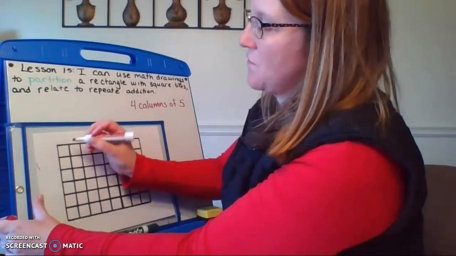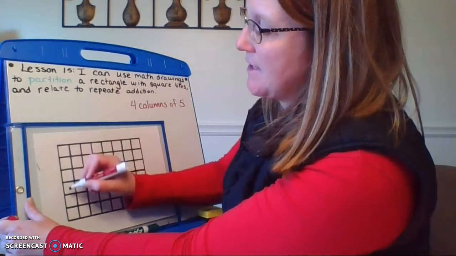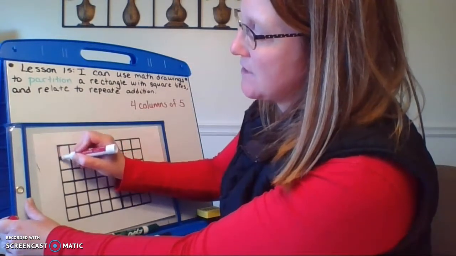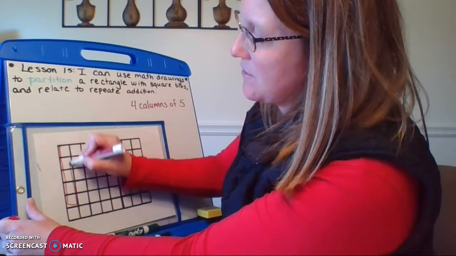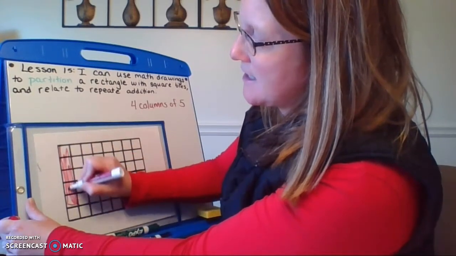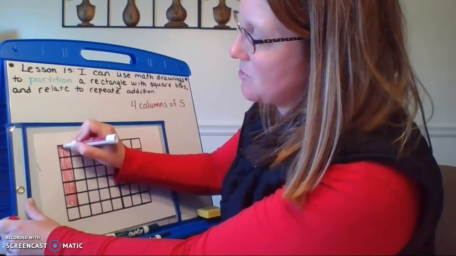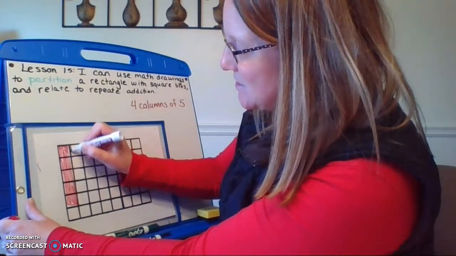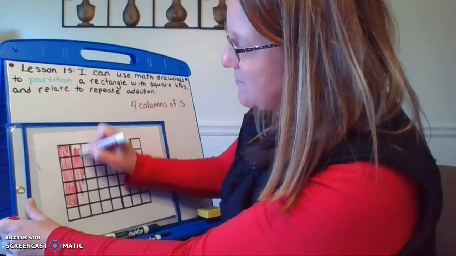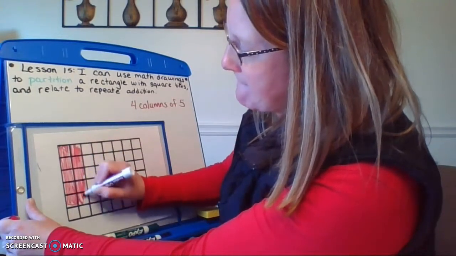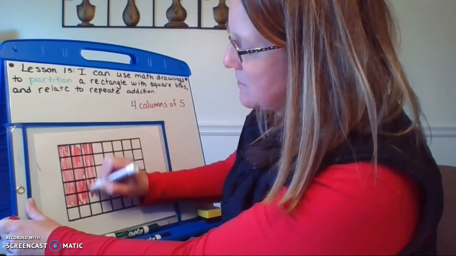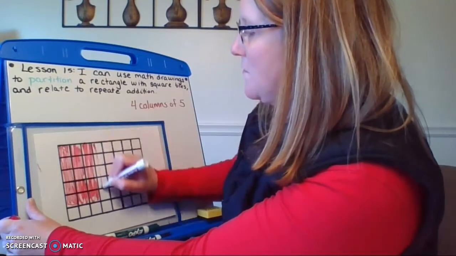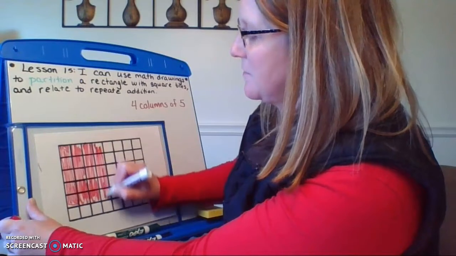Okay. So 4 columns. Remember, columns go up and down. So I want 5 in each column. 1, 2, 3, 4, 5. And I'll shade that one in. You don't have to shade yours in. You probably just drew them. 2 columns of 5. 3 columns of 5. 4 columns of 5.